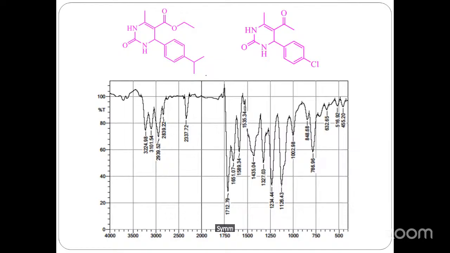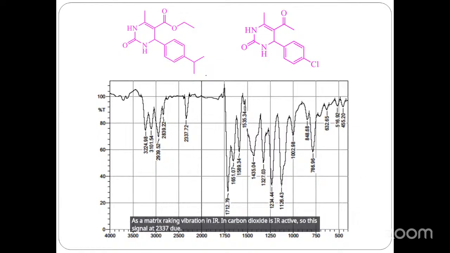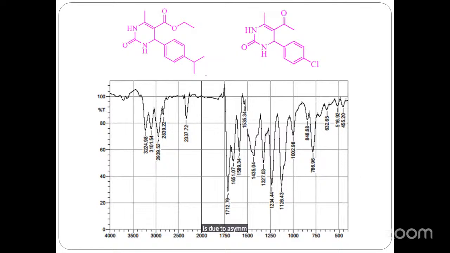Symmetric vibration in carbon dioxide is IR inactive. Asymmetric stretching vibration in carbon dioxide is IR active. So this signal at 2337 is due to asymmetric stretching vibration of carbon dioxide. So this is not the signal from our compound.